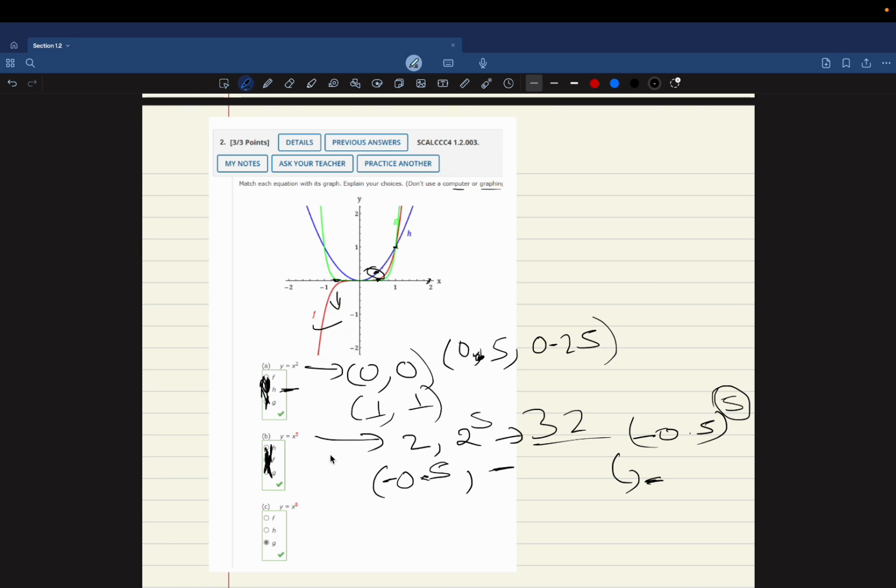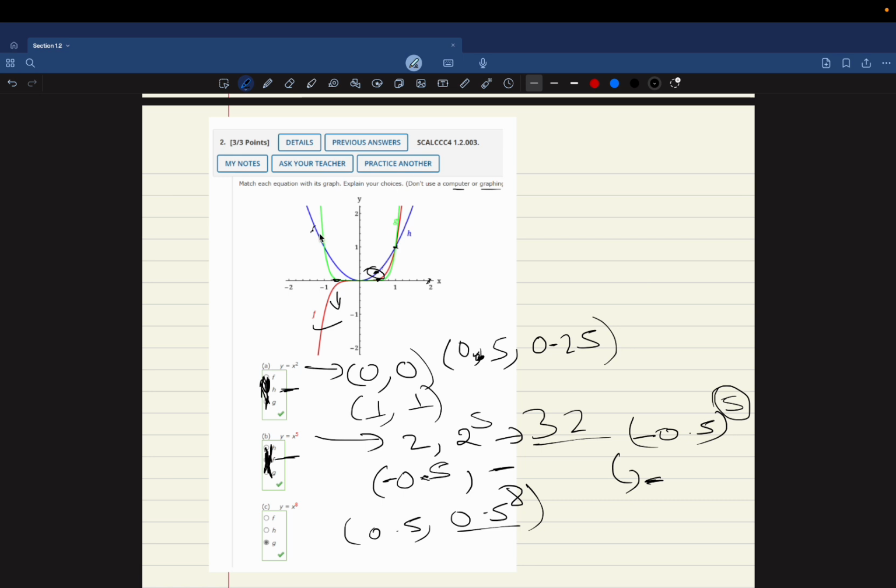So this red color, the f, is our graph for x to the power 5, and the remaining one is blue color. So if we add 0.5 in the value of x, then 0.5 to the power 8 is some value which is a positive value. Okay, which means in the upward direction. So blue is our answer for number C, which is H.